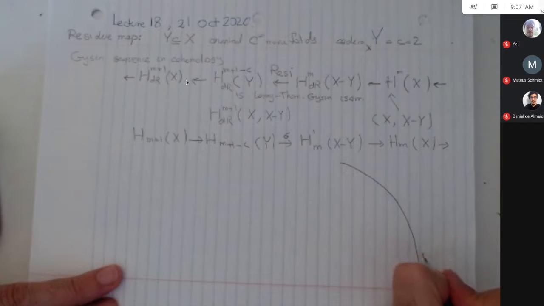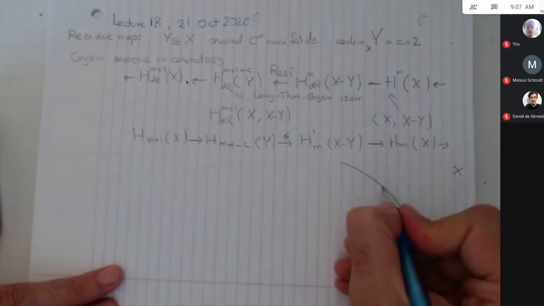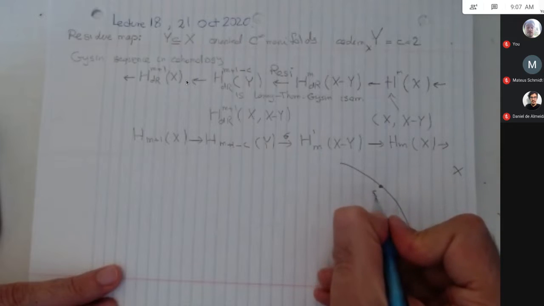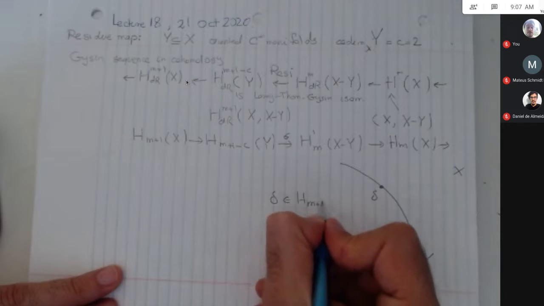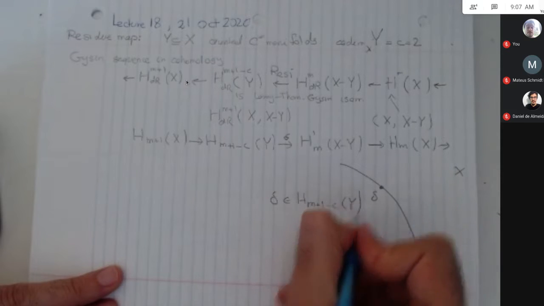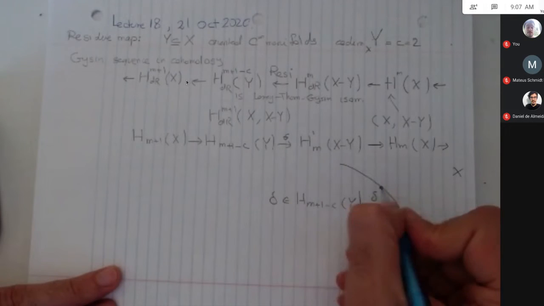We had this y, we had the ambient space x, we had this delta in H_{m+1-c}.